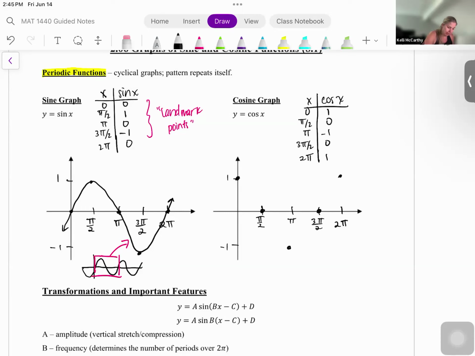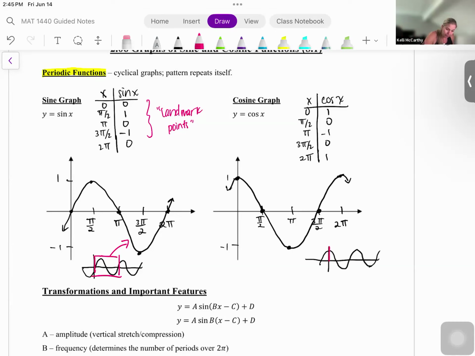So what this looks like, and I'm going to illustrate a little bit of that continuation: we go down to our minimum, and then back up to our maximum, and then it would continue on there. This is a sketch of what this would look like over multiple periods, continuing on.